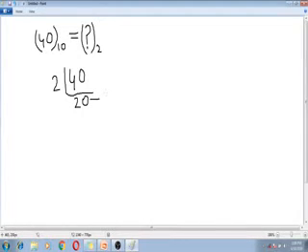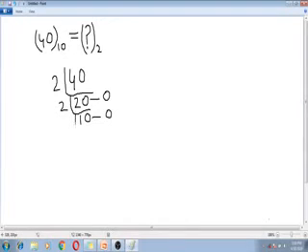The remainder will be 0. Again divide this 20 by 2. The quotient will be 10. The remainder will be again 0.